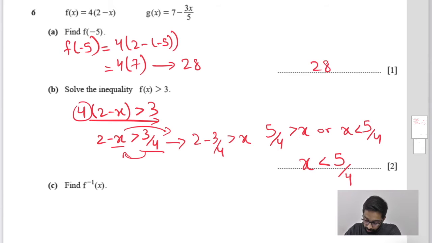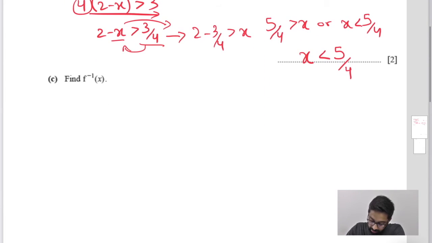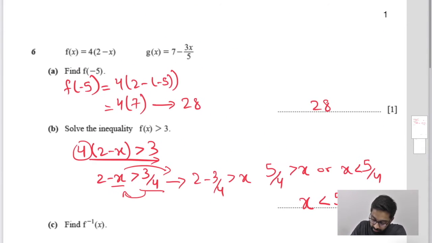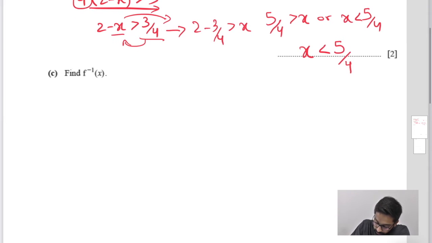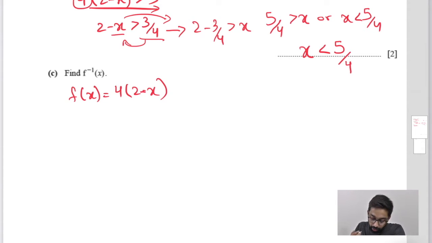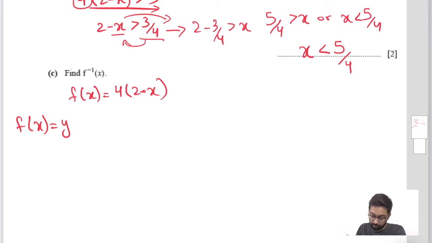Okay, let's move on. I hope this is making sense. The next part says find the inverse of the function f(x). So f(x) is 4 times (2 minus x) inside the brackets. In order to find the inverse, I can also write that f(x) is y, because I need to switch the value of y and the value of x in order to find the inverse.